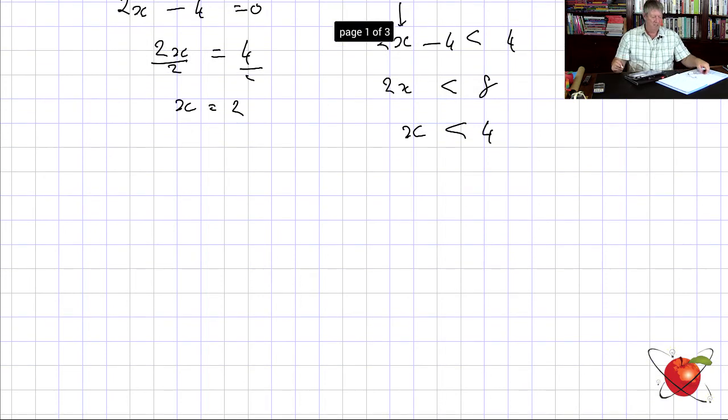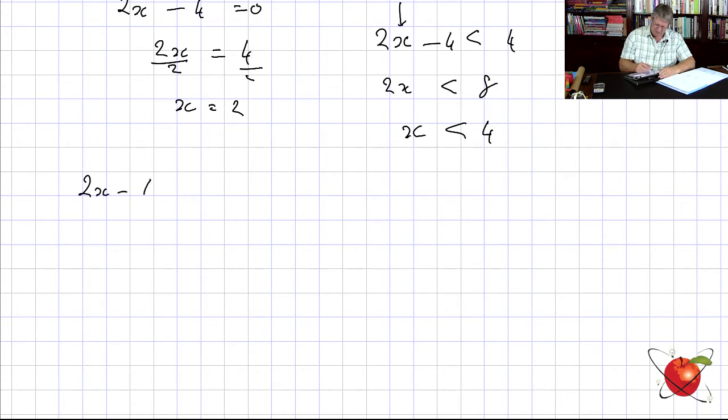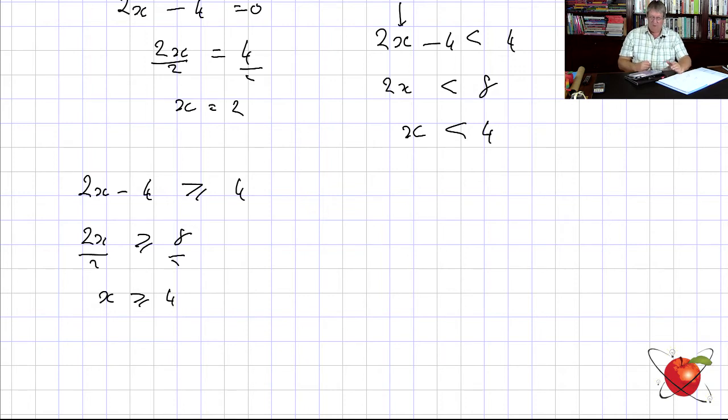Let's take 2x minus 4, same equation, greater than or equal to 4. Remember, we ignore the sign and we just carry on. 2x greater than or equal to 8, therefore, divide by 2, x is greater than or equal to 4.